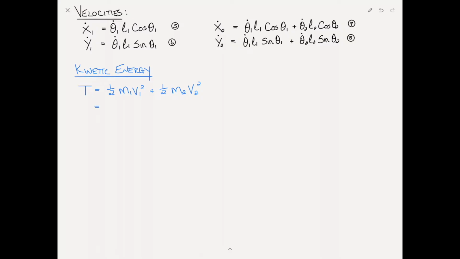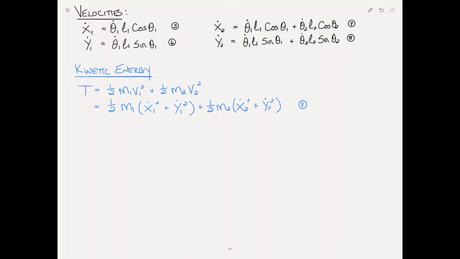And that can be rewritten as 1/2 m1 (x1 dot squared plus y1 dot squared) plus 1/2 m2 (x2 dot squared plus y2 dot squared), and we'll call that equation 11.